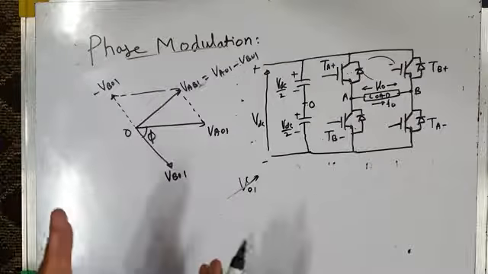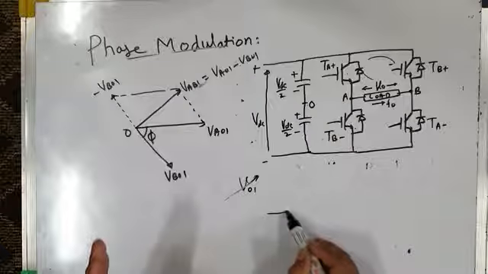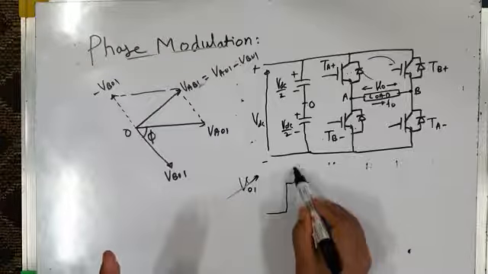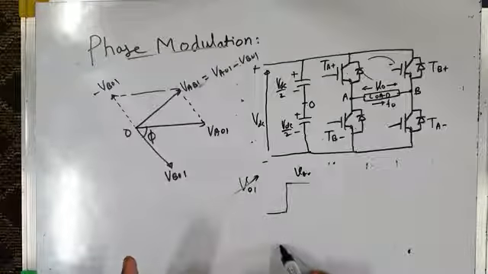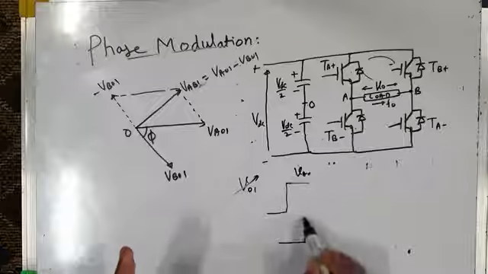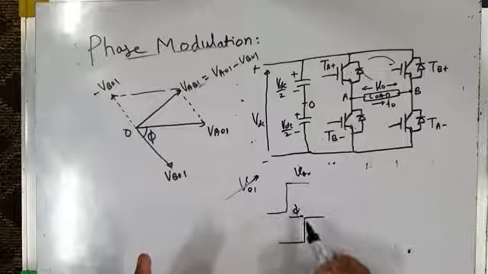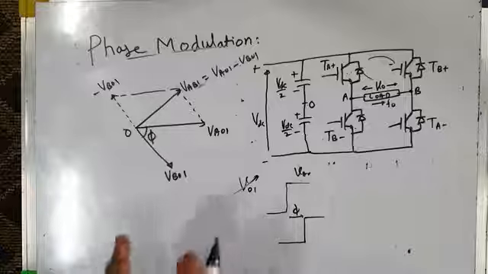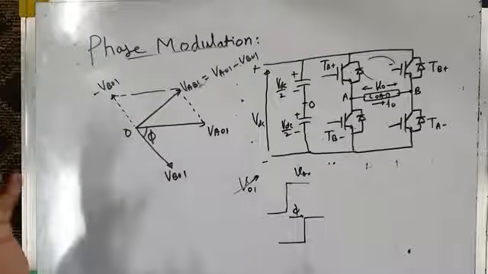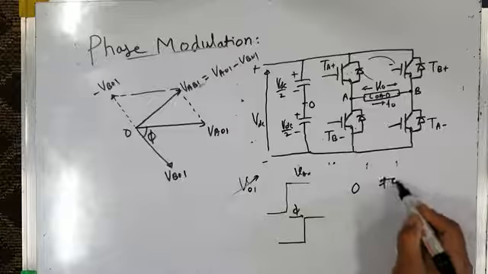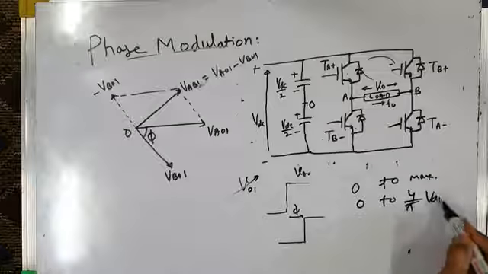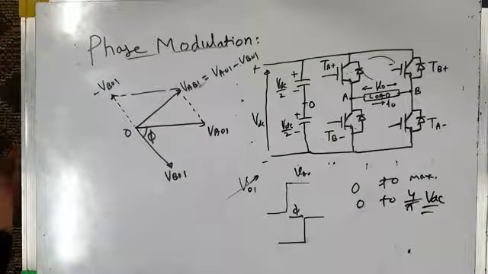There are only natural switchings from minus VDC by 2 to plus VDC by 2 for pole voltage VAO, and for pole voltage VBO, the switching from minus VDC by 2 to plus VDC by 2 occurs after a phase angle of phi. So the inverter output voltage can be controlled over a very wide range, from 0 to 4 by pi VDC, at very low switching frequency.